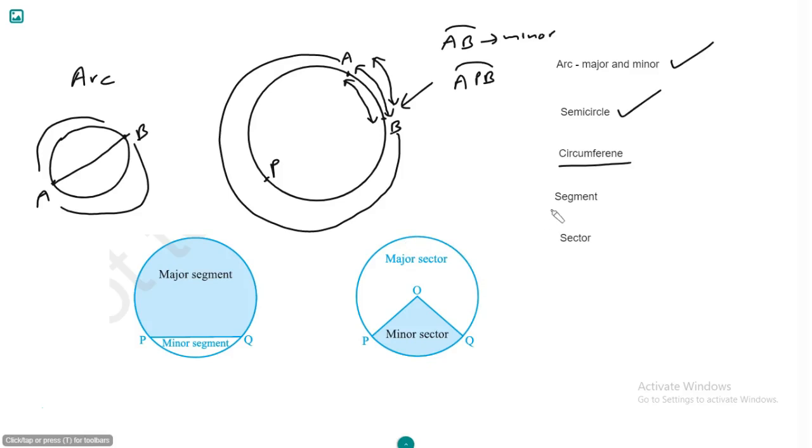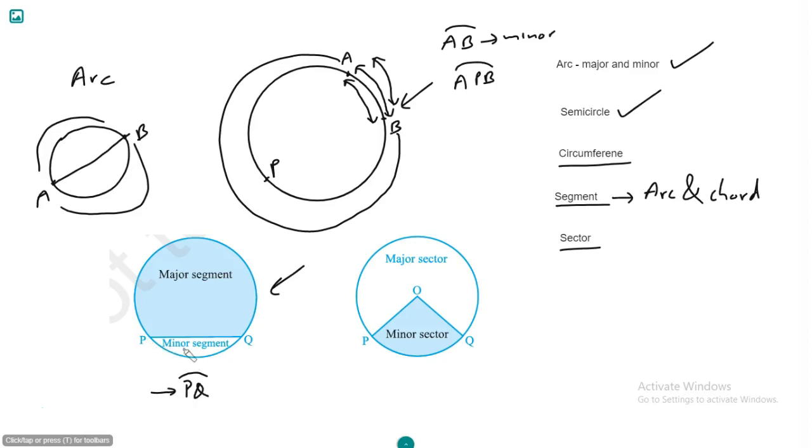Let's look at 2 other terms, segment and sector. Now a segment is a part of a circle that's between an arc and the corresponding chord. For example, if you look at this figure, you have a chord PQ and an arc PQ. Arc is usually denoted as arc PQ. This is how we write an arc.